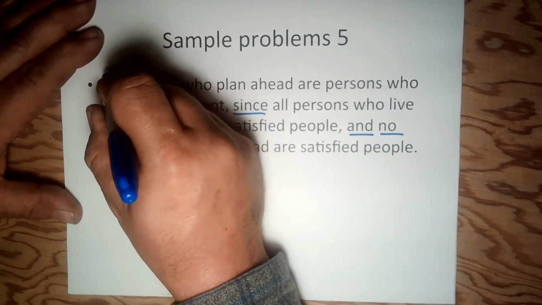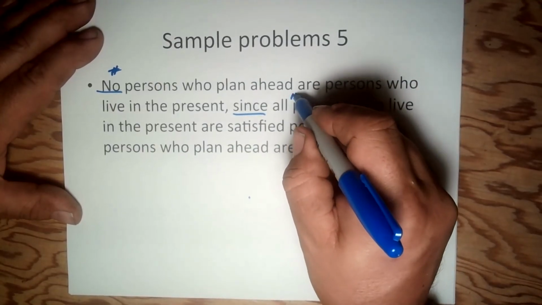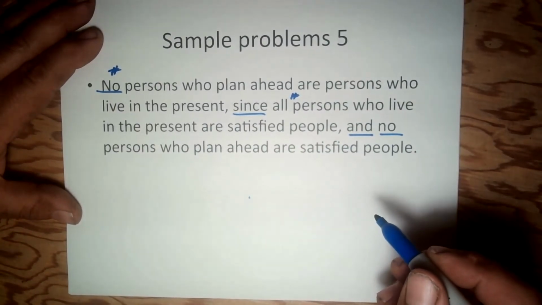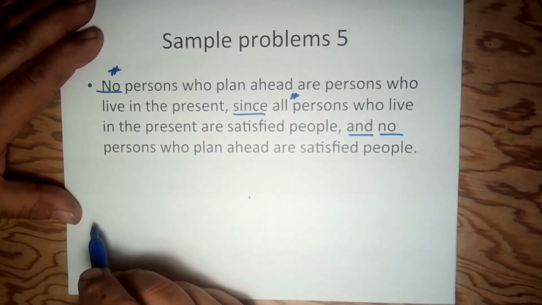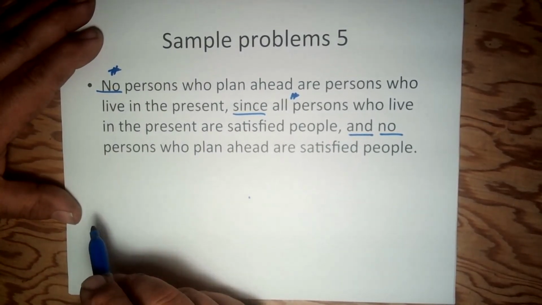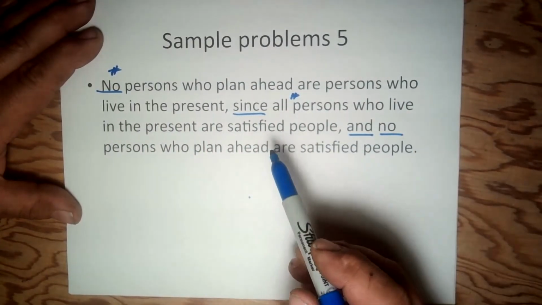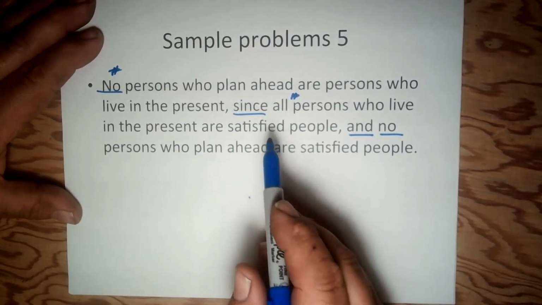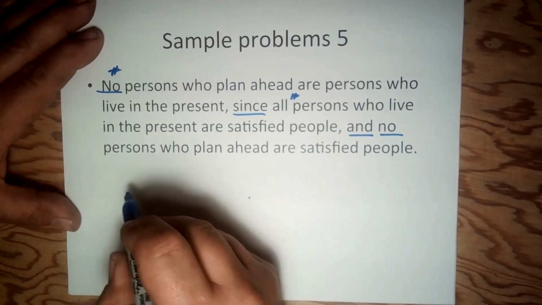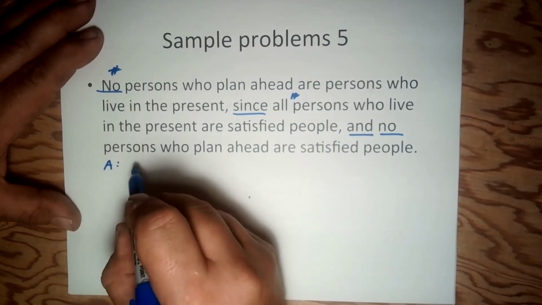"All" is another number, right? So this is all universal. So this is going to be either A's or E's. There's no indication of any restriction here at all. So we're talking about all people who live in the present are satisfied people is the first premise. So it's going to be an A-form statement.